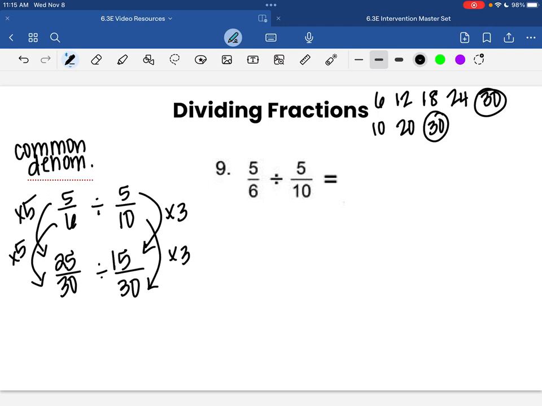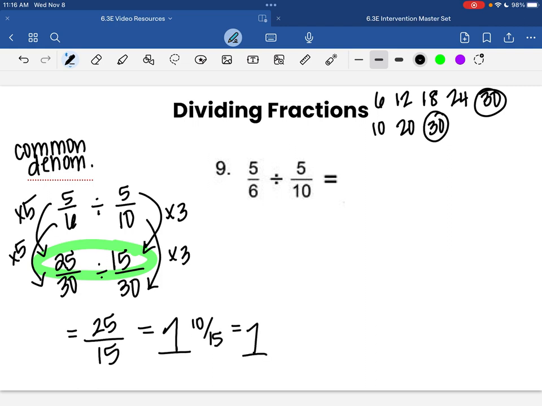And now that my denominators are the same, I can just divide straight across and see that 25 divided by 15 will be my answer. But that is an improper fraction, so I can rewrite that as 1 whole and 10/15, or 1 whole and 2/3.